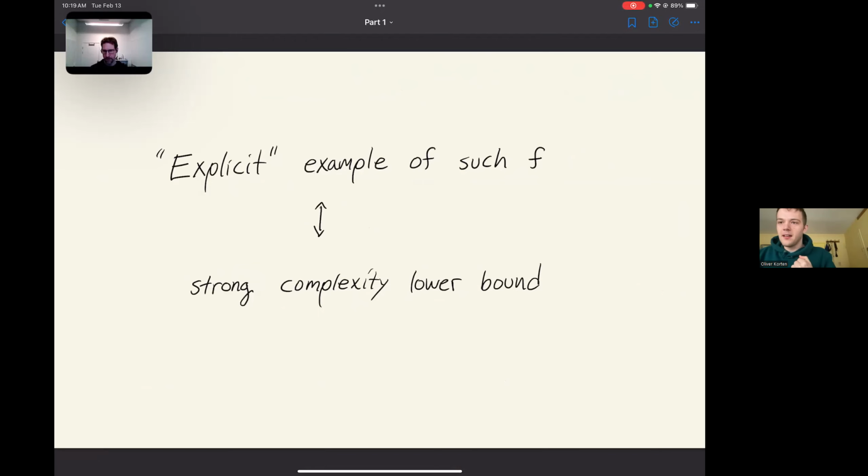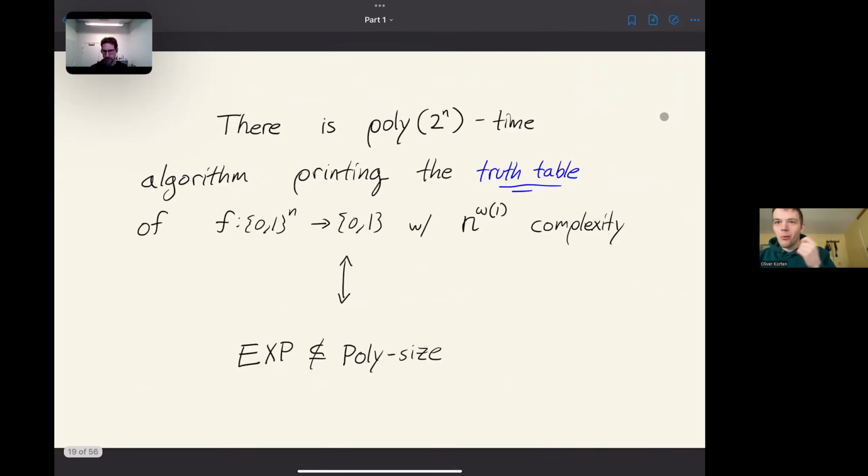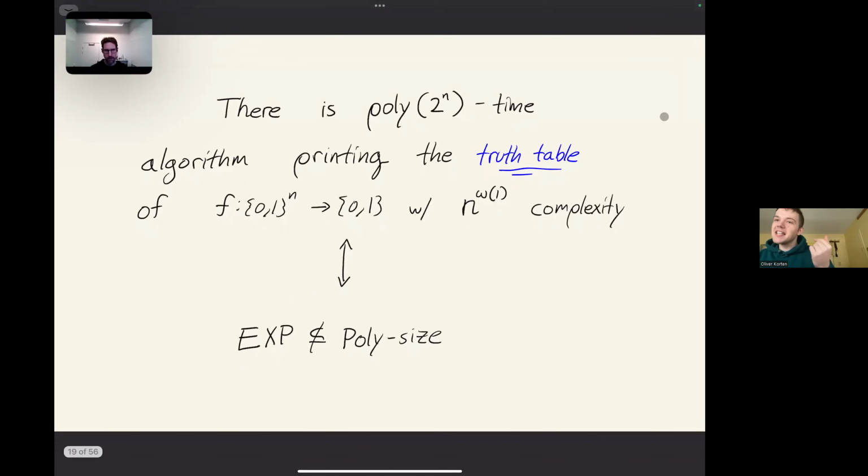So, to be a little more formal, you can show, for example, that if there was a polynomial time algorithm that could print out a truth table, so we think of writing down the whole truth table of the Boolean function that has length 2 to the n.